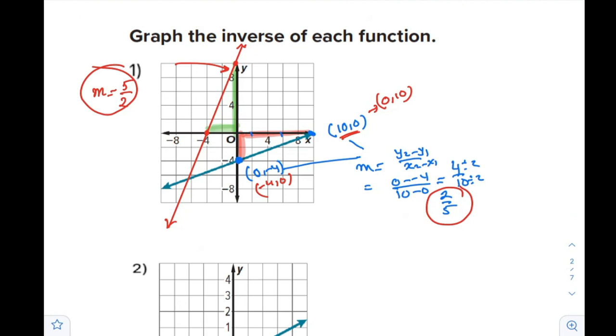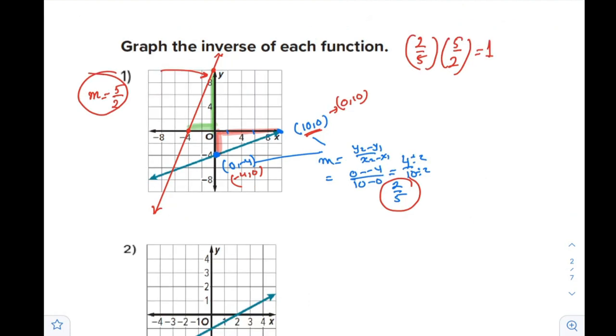If you multiply the values of the slopes, you will have 1. 2 over 5 times 5 over 2 is 1. They are reciprocals, or multiplicative inverses. Yes, this is called multiplicative inverse.